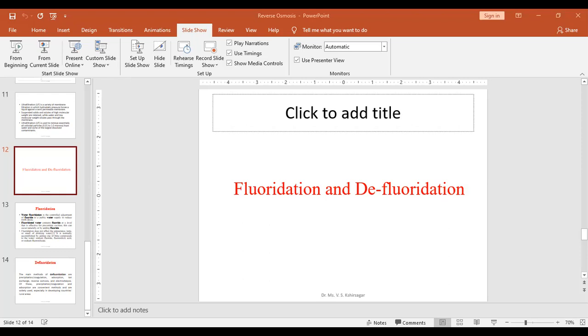Yes, ma'am. Okay. If it is less than 1 ppm, it will create dental cavities.